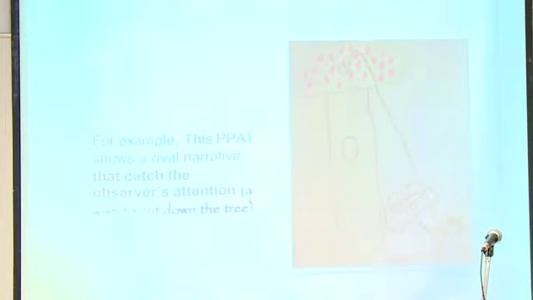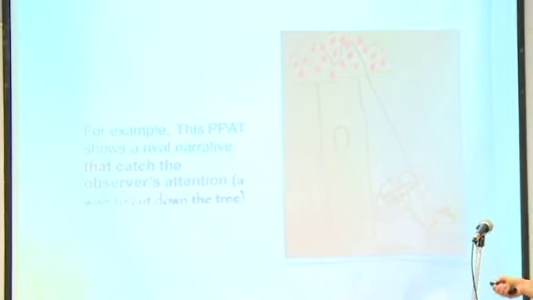For example, in this PPAT, what catches our attention is the wish to cut down the tree. The person is really short, as you can see here, relative to the tree, and although he has this little saw, he wishes he had a bigger one. So this is one example.